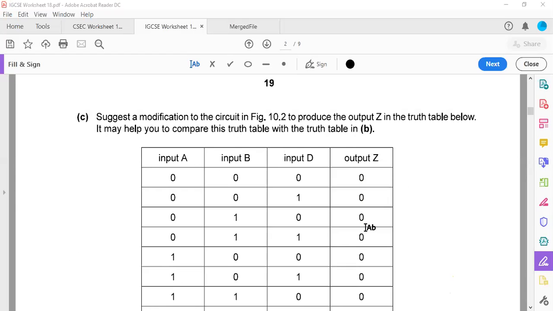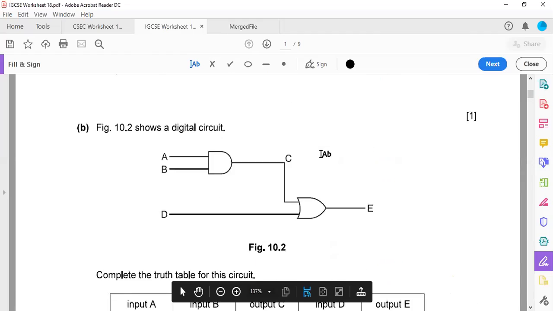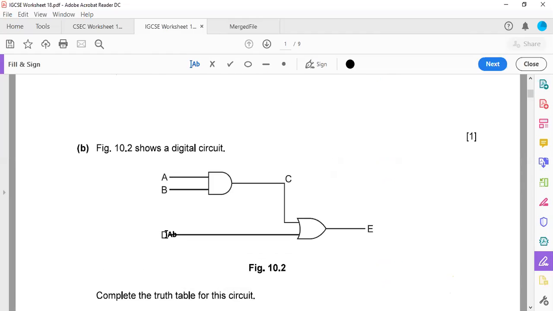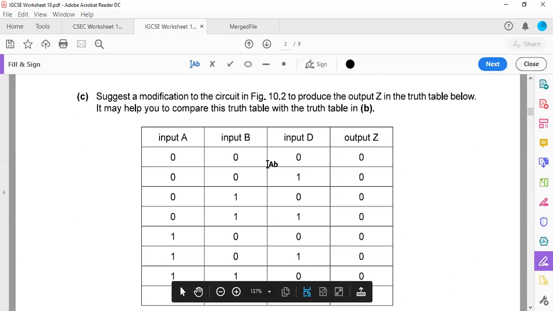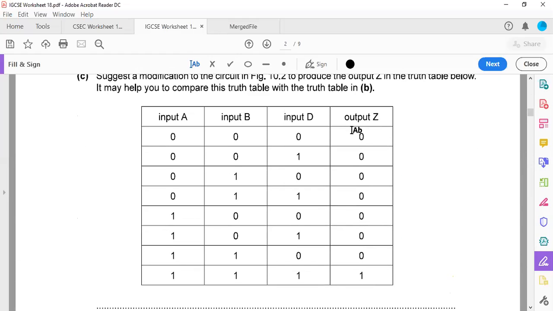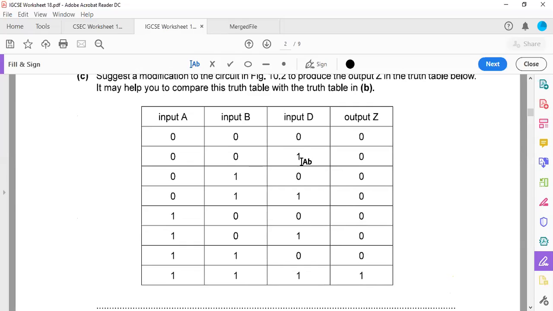So what we need to do is figure out which one of these is going to give us the output here. Notice our three inputs from here are A, B, and D. They want one modification that could assist you to get all these outputs being a 1. So here A and B is 0 and D is 0. A and B is 0 and D is 1.